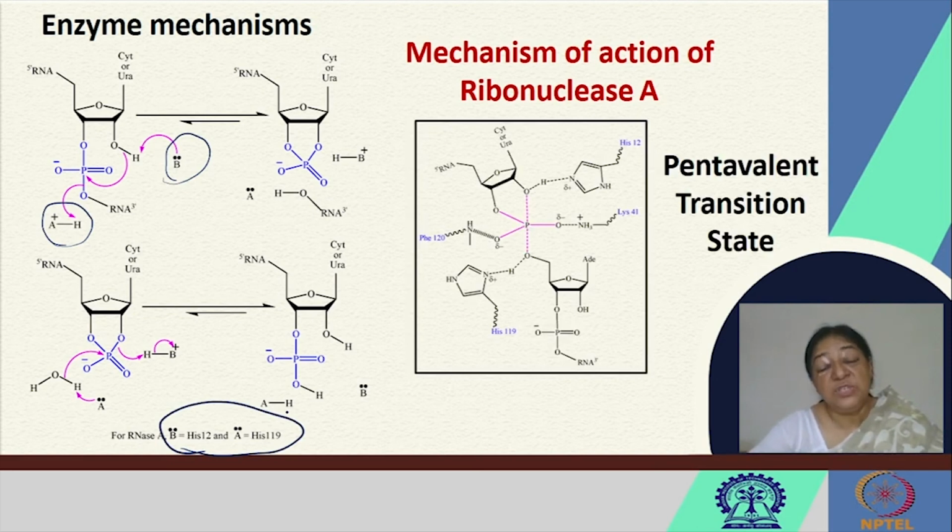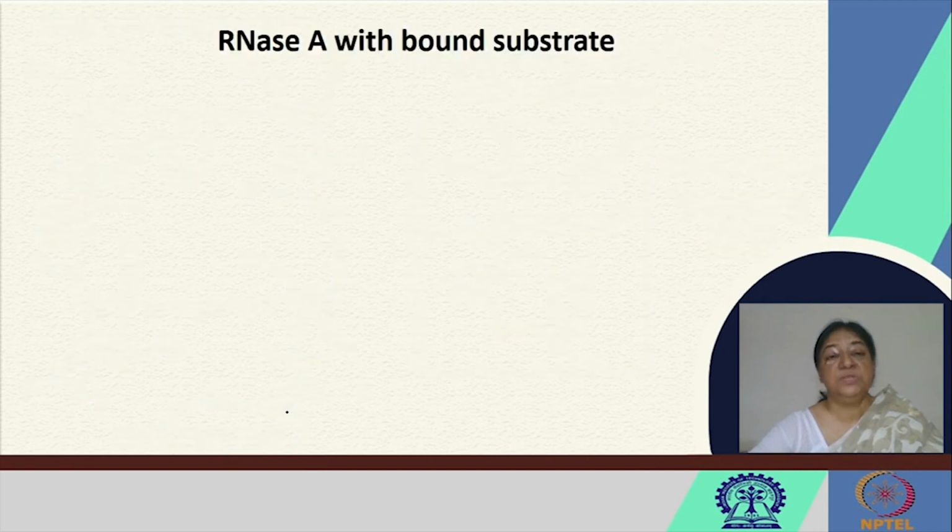So we have what is called a pentavalent transition state, which we learnt in our previous class, and the importance of the transition state and how the enzyme will form a complex with the transition state as well, and the stability of this transition state is important.